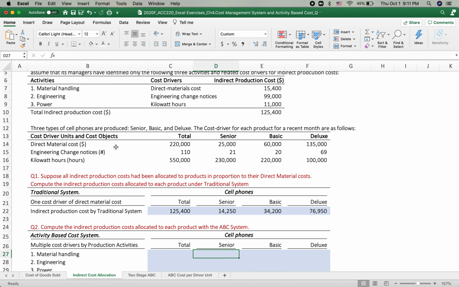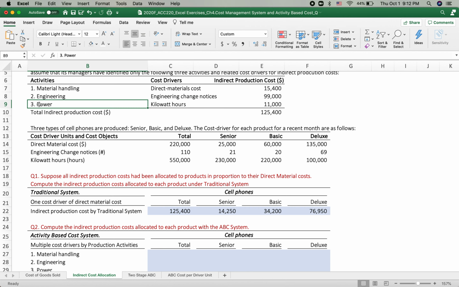Okay. Then we also have different cost driver units along with these activities. They are a pair, a combination. In order to do this material handling activity, they use direct material cost. In the engineering process, the cost driver matched with engineering is the number of engineering change notices.